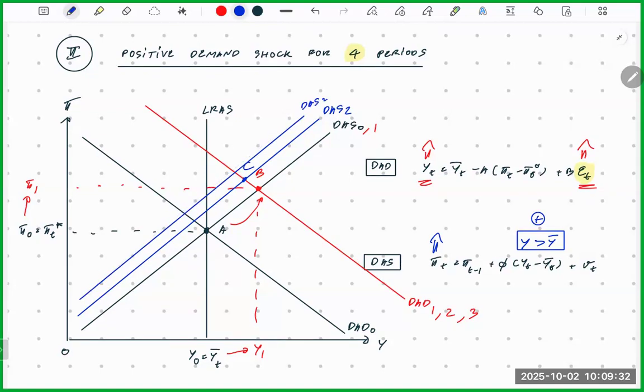This is DAS3, point D. Got it? Therefore, people still spend a lot on the last day of the long holiday. DAD is here, I put comma 4. The economy is still very good, everything still more expensive, DAS shifts up. This is DAS4, point E.